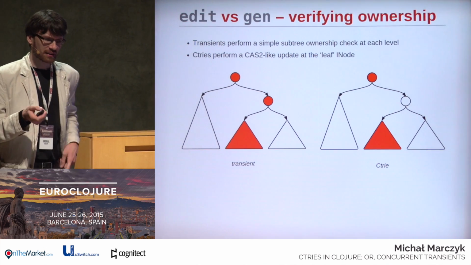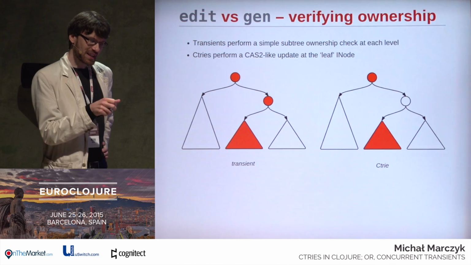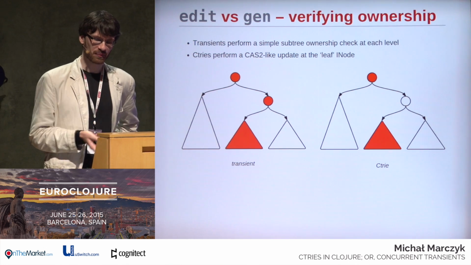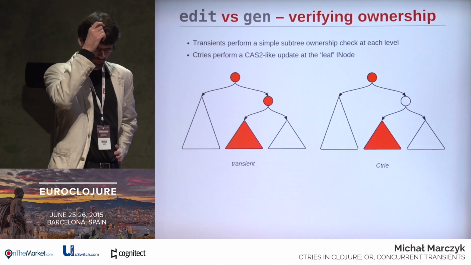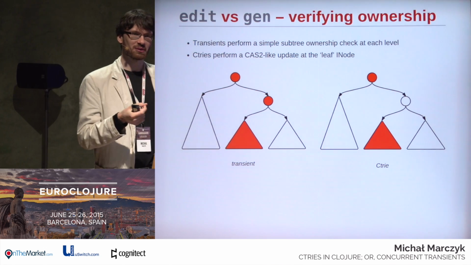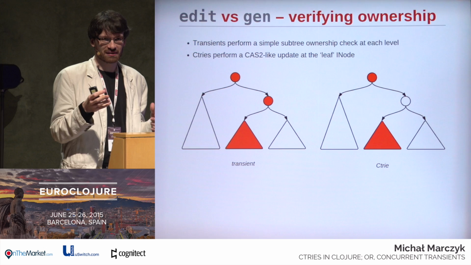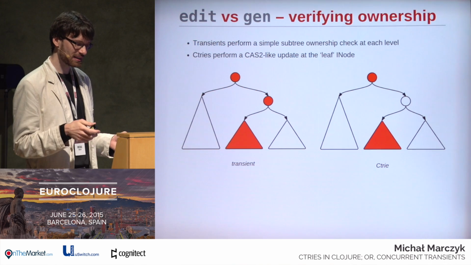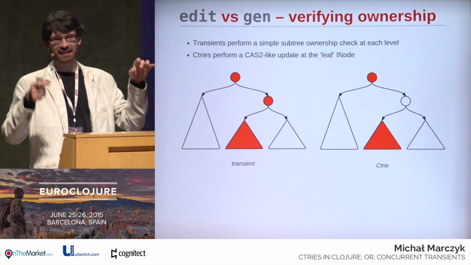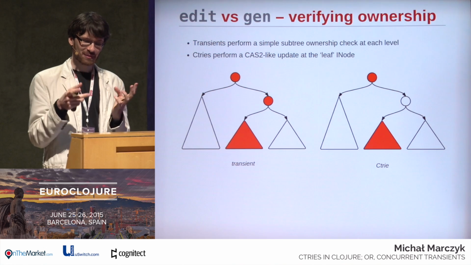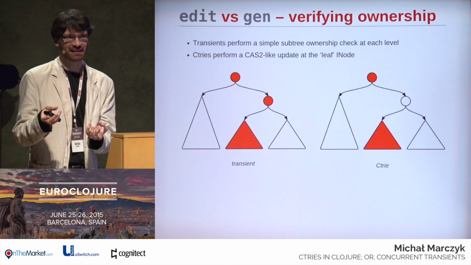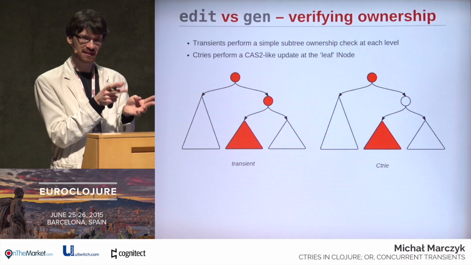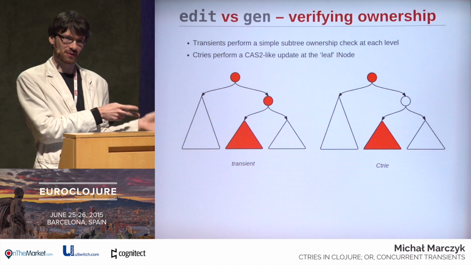So, going back to this point about ctries being similar to transients, this is how. With a regular Clojure-style transient, what you do when you perform an update is you proceed much like with a persistent data structure, except that at each step of your way down the tree, you examine a so-called edit marker, which is an atomic reference to something, to see if it happens to be the distinguished edit marker that the transient instance itself uses.